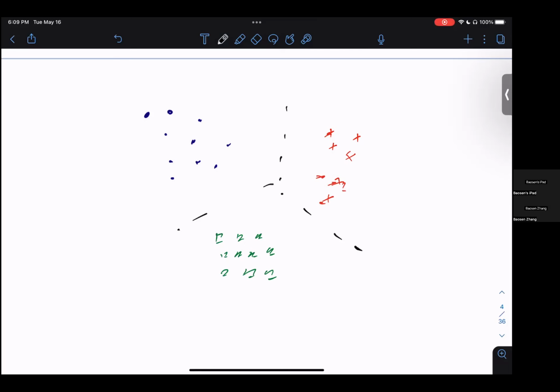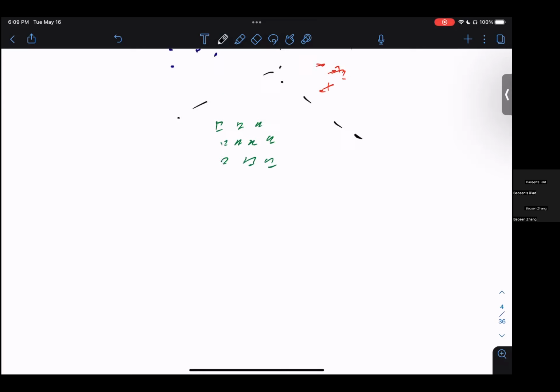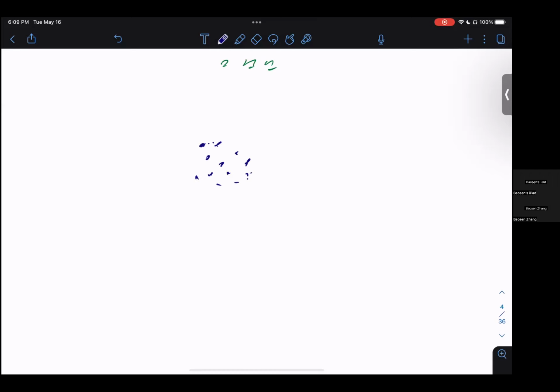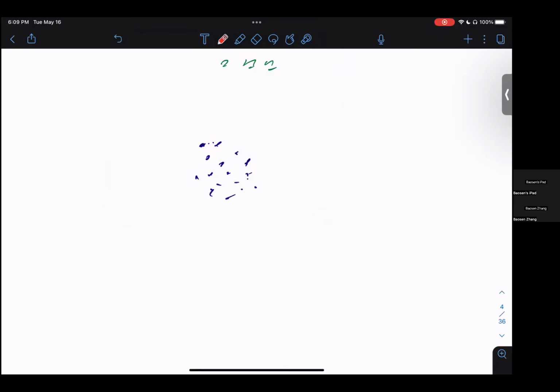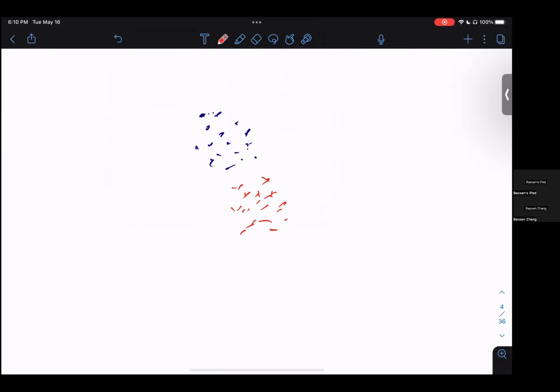Right? And you can have other, more complex regions. For example, you can have regions like this. Let's say you have three classes. Let's say this is your blue class somewhere here, and let's say you have a red class that is across here.